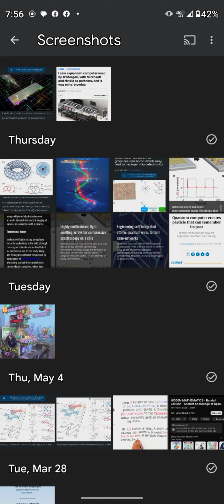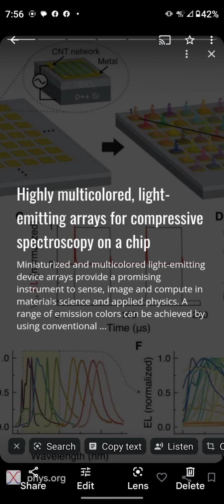There were a few more photos here that I want to talk about. Mostly about this highly multicolored light emitting arrays for compressive spectroscopy on a chip. The reason I'm talking about this is because they basically made a 489 array of different lights, different wavelengths, which is very cool because if we're able to include this into quantum computing, now you have a spectroscopy chip you can use to change the spin of electrons.